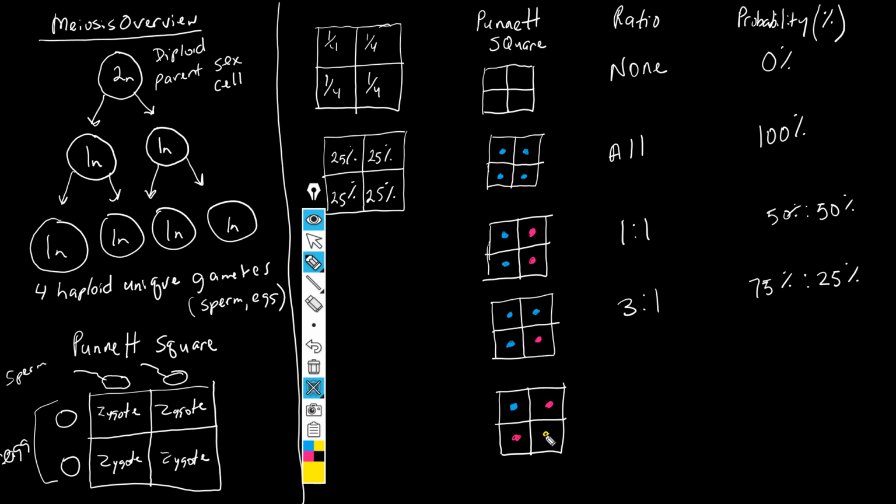And so it will look something like this. And the ratio for that will be a 1 to 2 to 1. And then that translates into a probability value of a 25% to a 50% to a 25% probability value.